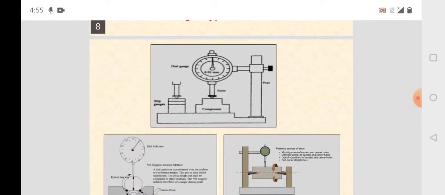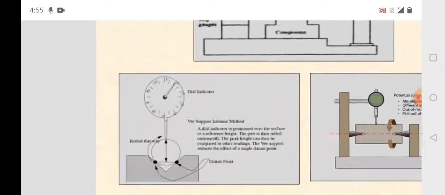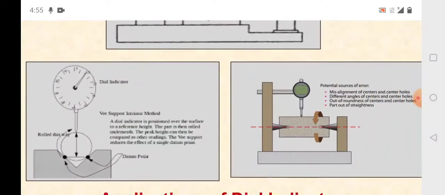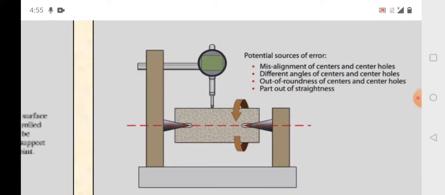Here we can see the various uses of this dial indicator. We can measure straightness, or we can measure the roundness of a workpiece held in two centers. With the help of the dial indicator, we can magnify the small, minute variation in the dimension.